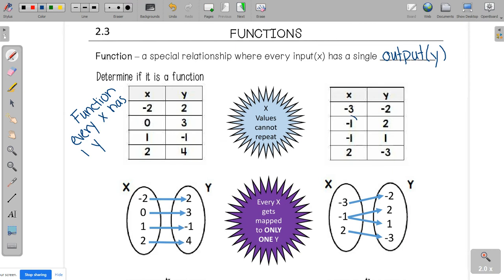We have two x's that are -1. So -1 has a y of 2 and a y of 1. So that is not a function. -1 has two y values.